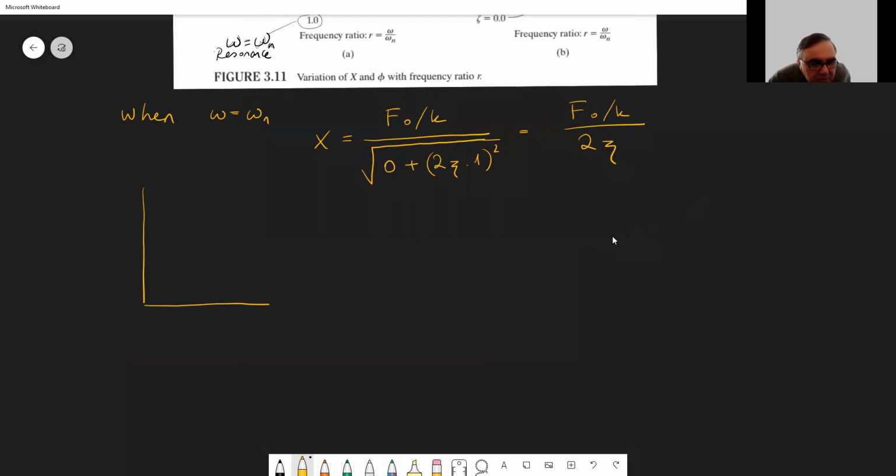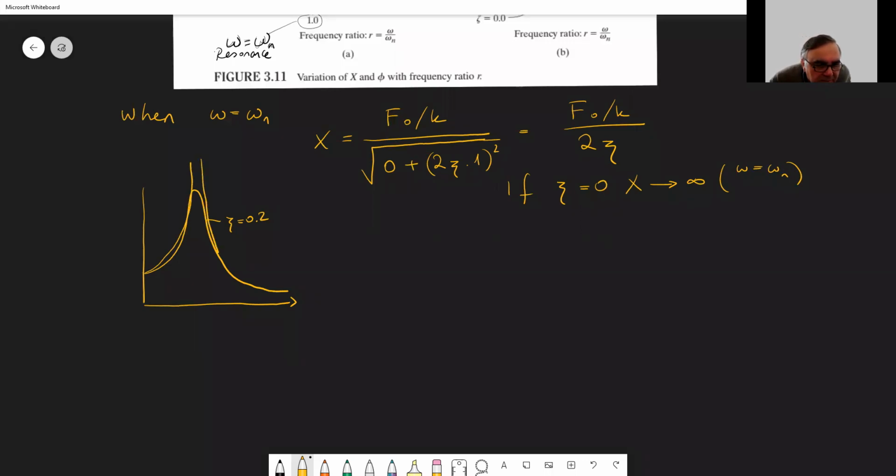When omega equals omega n, well, this is the general case for certain zeta, like zeta equals, let's say, 0.2 or something. And if zeta equals 0, when omega equals omega n, the amplitude goes to infinity.